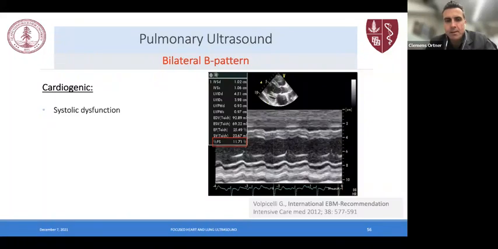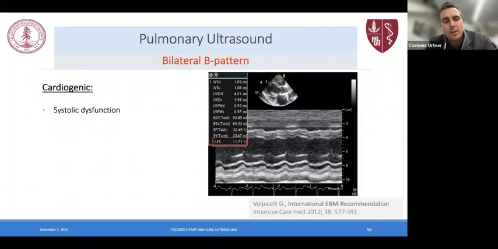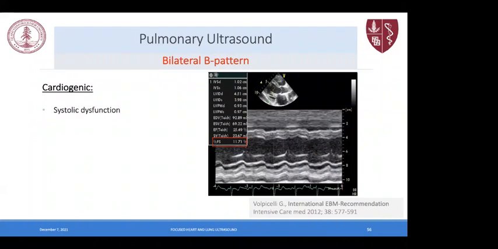Does anyone have an idea? Like a TAPSE? I don't think you can do it in this view. TAPSE, yes. Do you know what TAPSE stands for? Tricuspid annular plane systolic excursion.